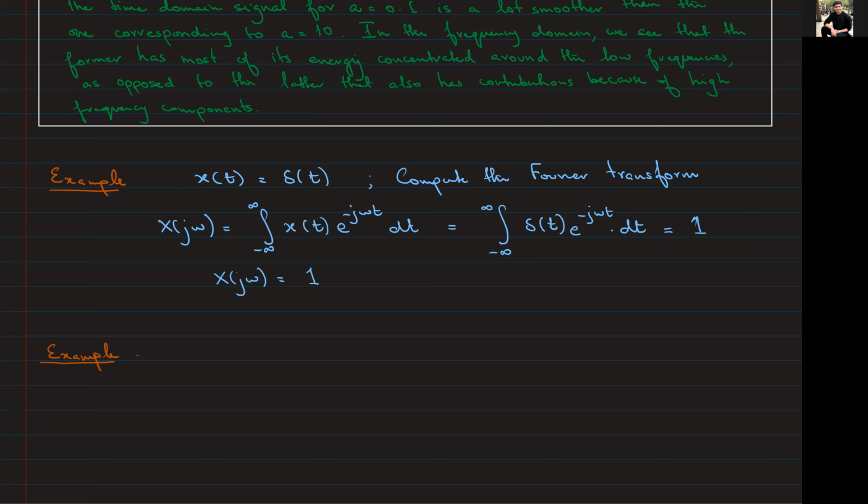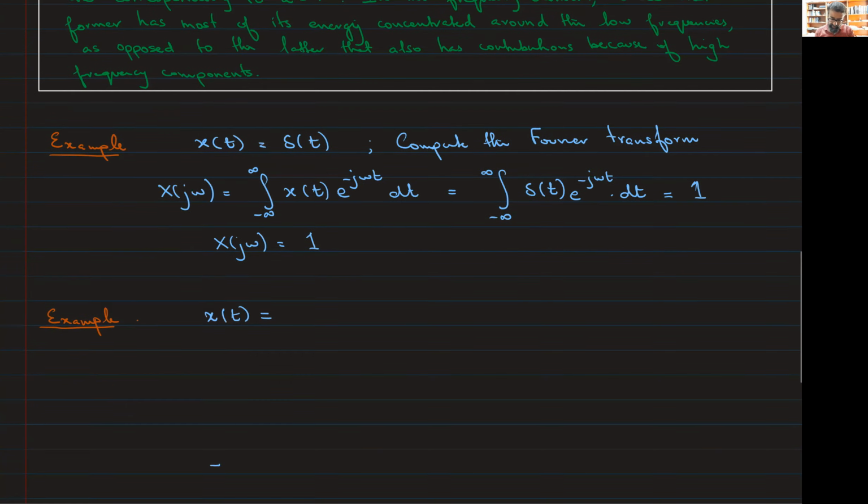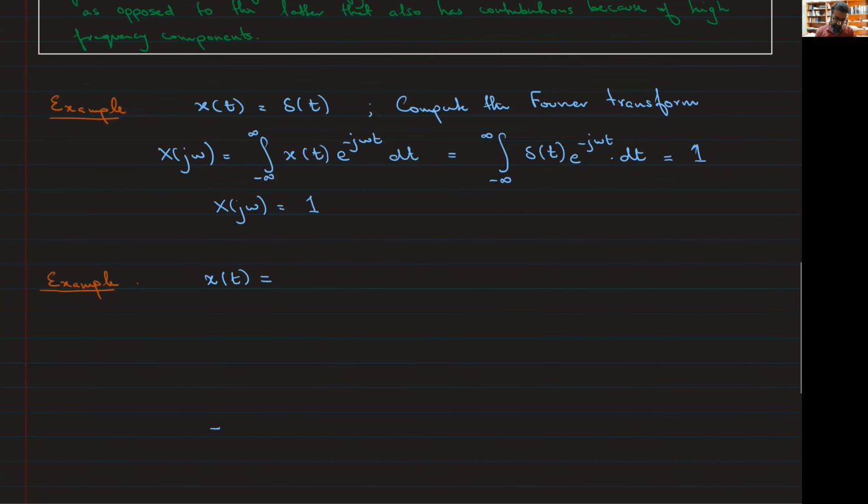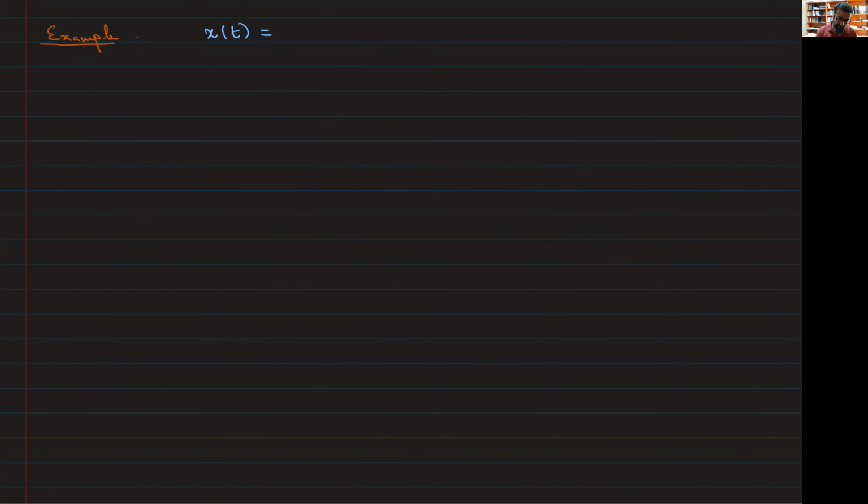Right. So the next example is, let's consider a signal x of t, which is equal to 1 for all values of t which satisfy small t is less than capital T, t1, and is 0 otherwise.